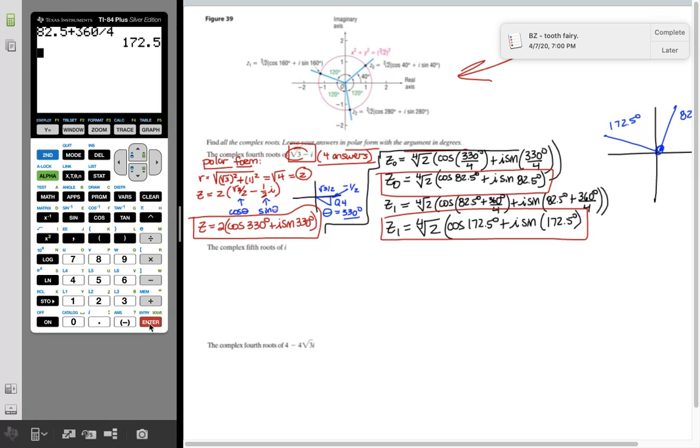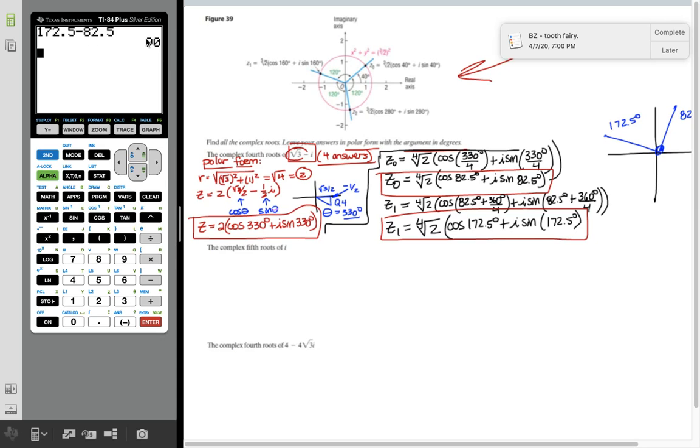So if you think about the difference in those angle measures, 82.5 and 172.5, the difference is the same as 360 divided by 4. And that's going to be how we figure out the other answers. We don't really have to do all this work over and over and over again. So you're noticing it's 90 degrees, right?